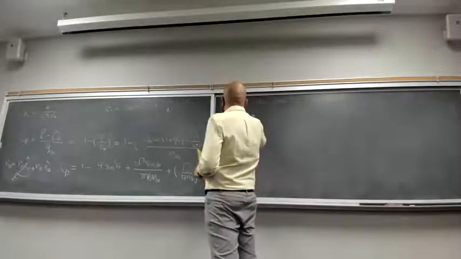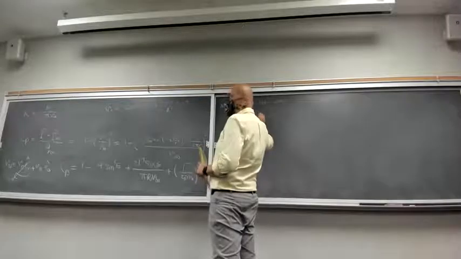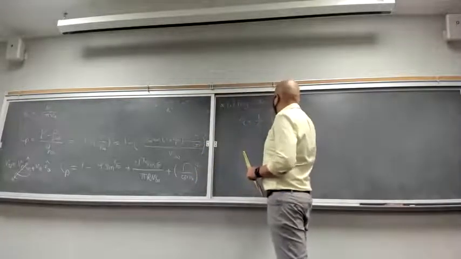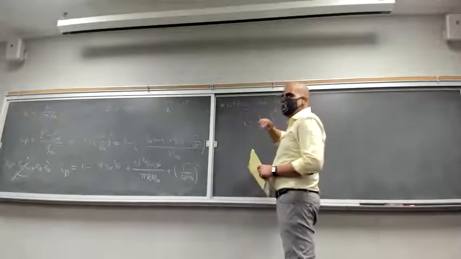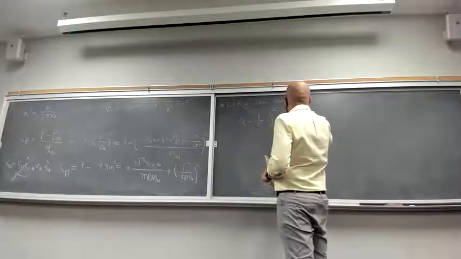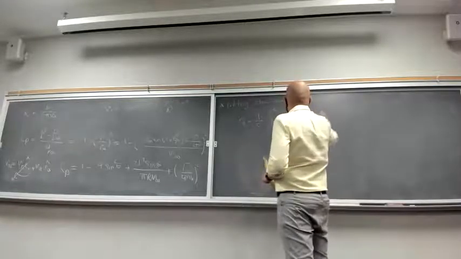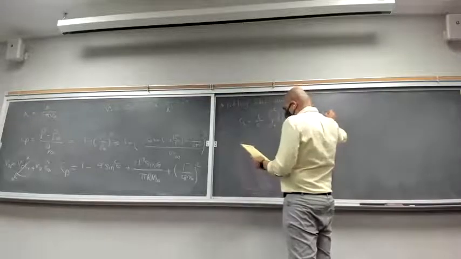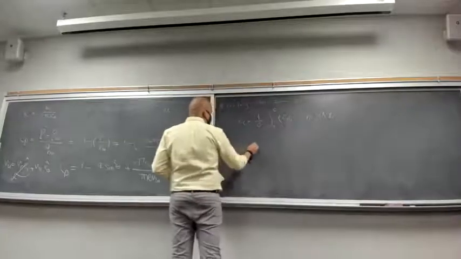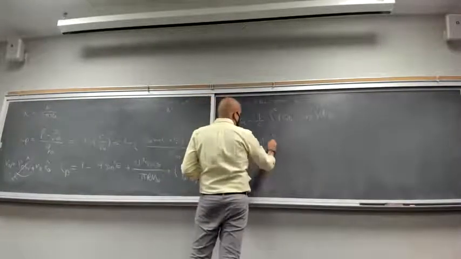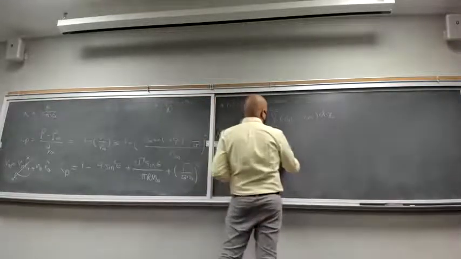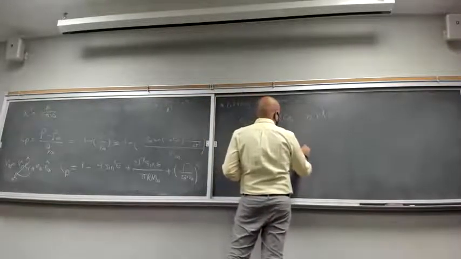It will be the integral of what? 1 over c, the integral from 0 to c, dx for lift. And for drag, we're going to have 1 over c times the integral from leading edge to trailing edge. Same thing, it's just a different body.